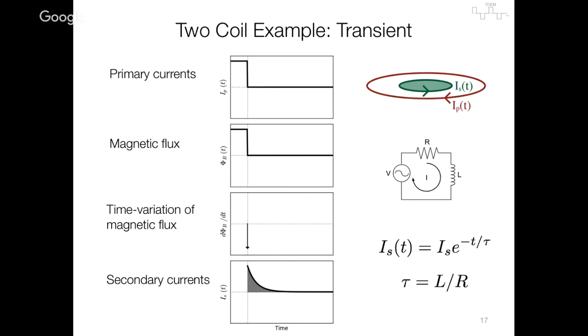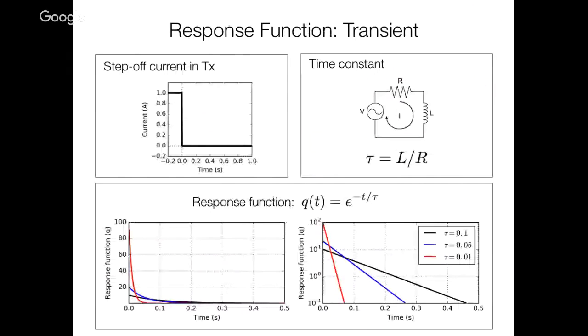So in the time domain, things are pretty simple, right? Push it in. Suddenly, there's no flux there. You get instantly current in you, and then it just decays away. So if we look at what's called the response function, that's just e to the minus t upon tau, depending upon tau.